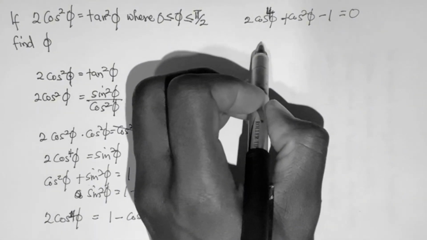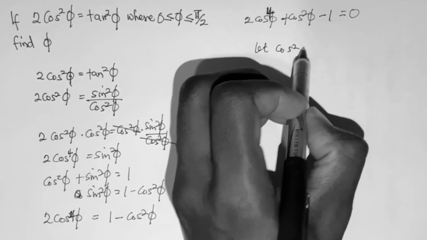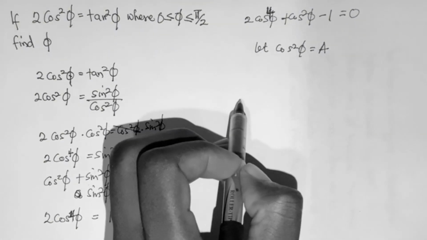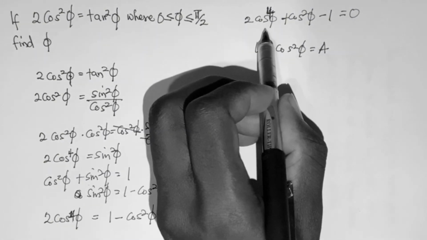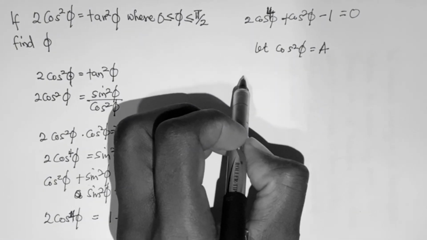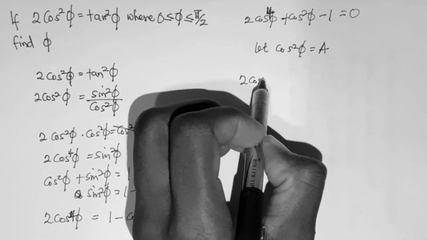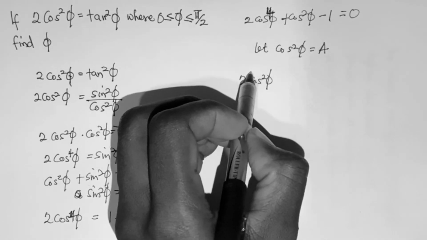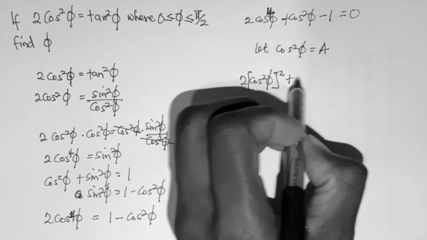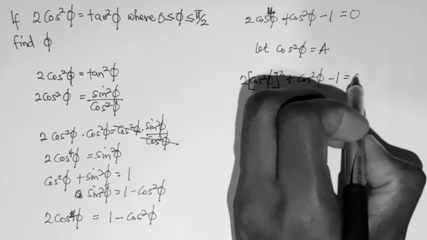What we can do is to say, let cos squared phi be equal to capital A. So now let's rewrite this equation. We can write this as 2 times cos squared phi, in brackets, squared, then plus cos squared phi minus 1 equals 0.